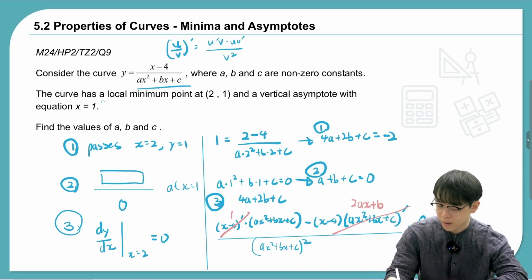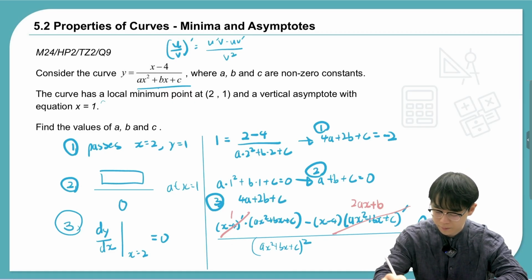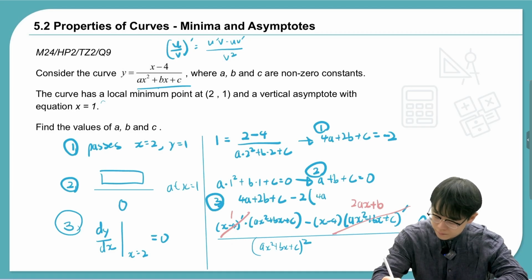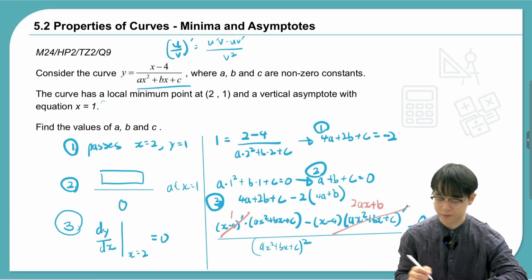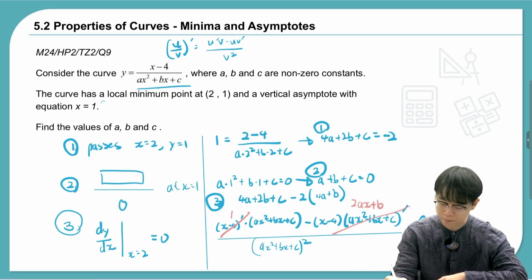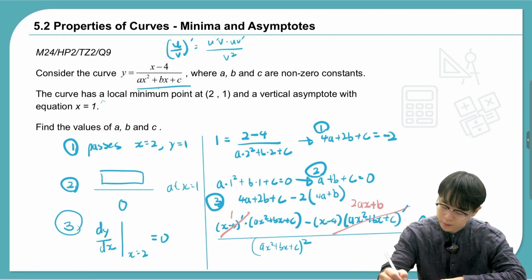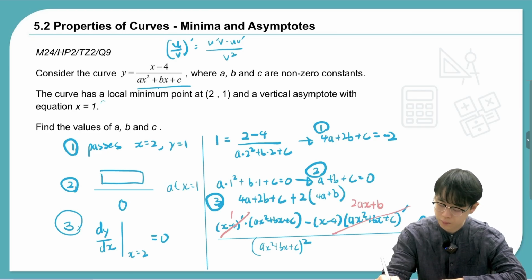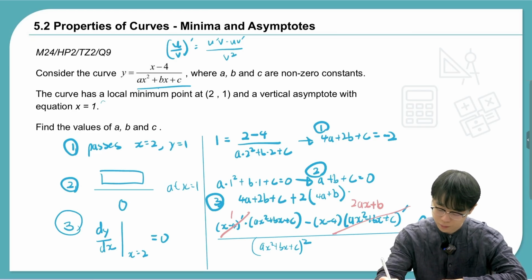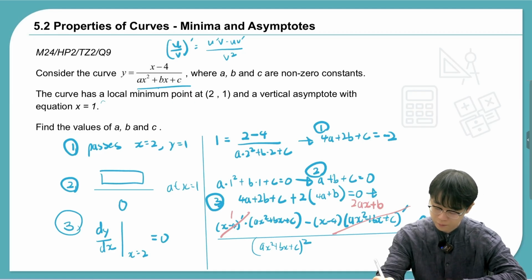And here, let's just put in x equals 2 right away. So we get minus 2 times (4a plus b). So this has just become minus 2. So we get plus 2, and then we get 4a plus b equals 0. So the third equation we would have is 12a plus 4b plus c equals 0.